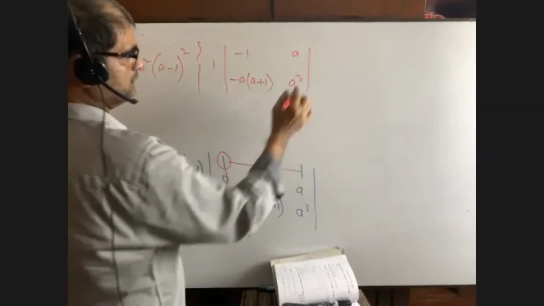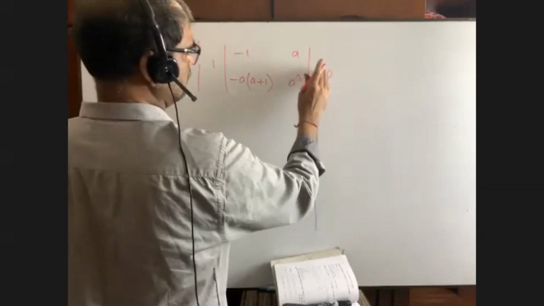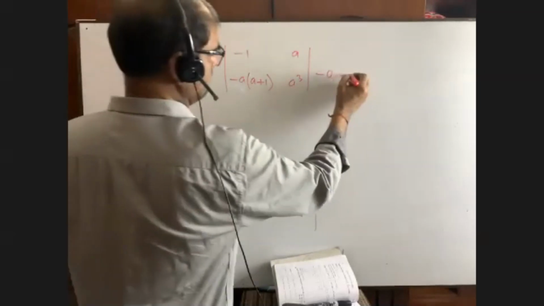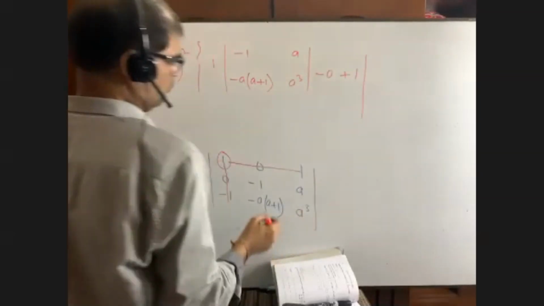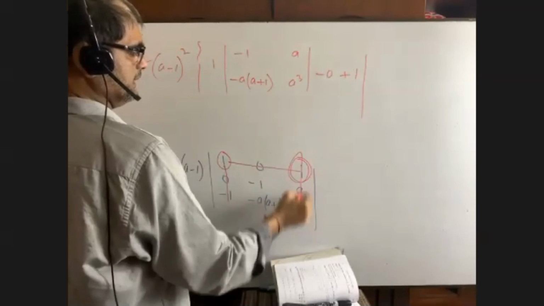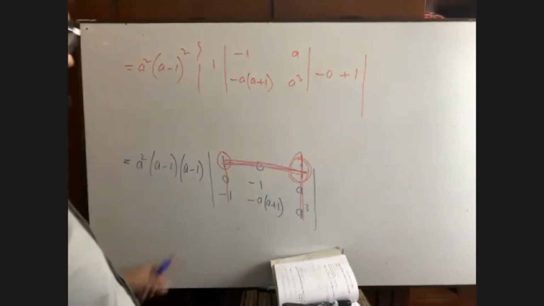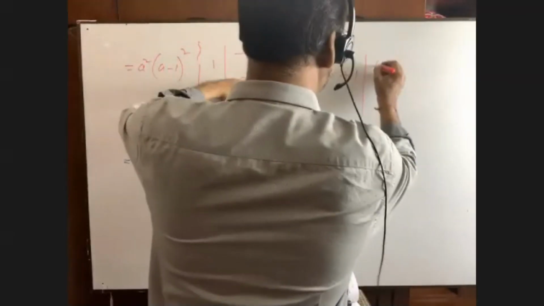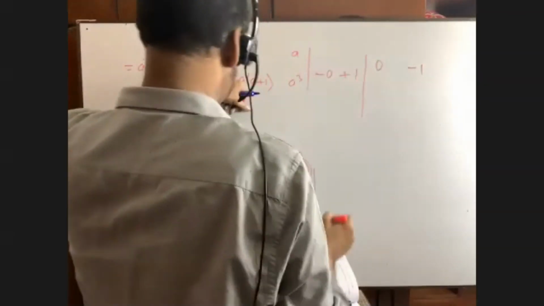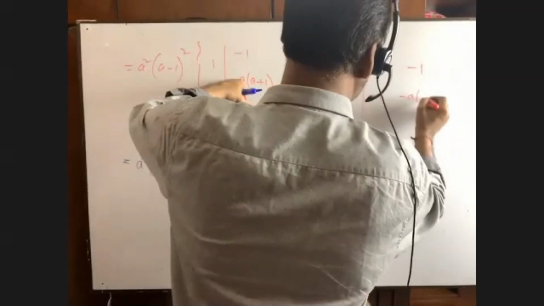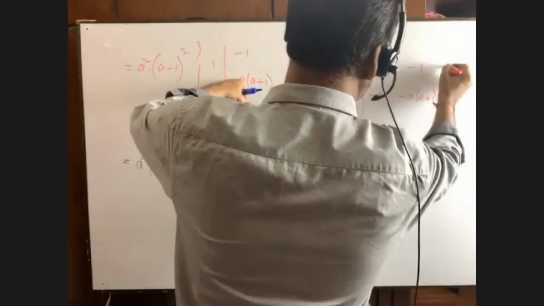This is 0. 0 means all are 0. Though the position value is minus, it is plus 1. So when I take this one, this and this will be omitted. We'll be left with 0 minus 1, 0 minus 1. It is minus 1 minus a into a plus 1.